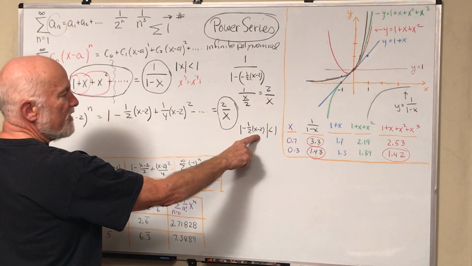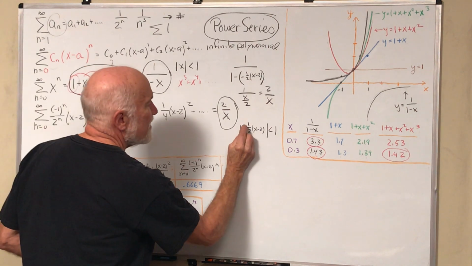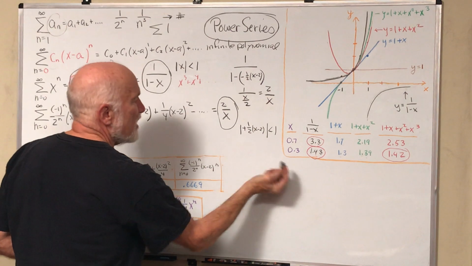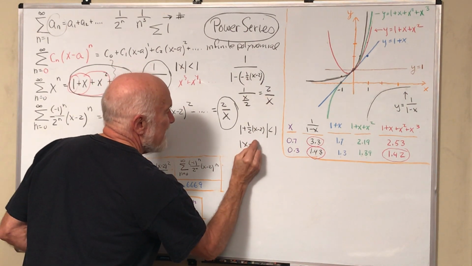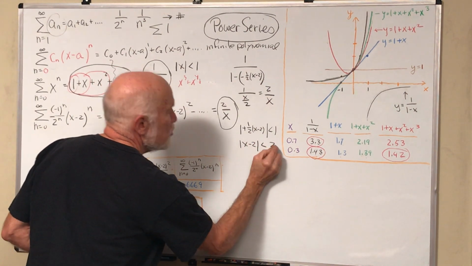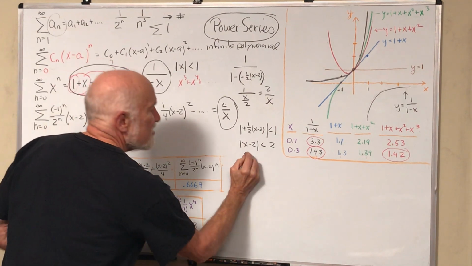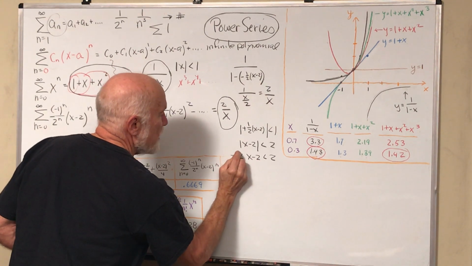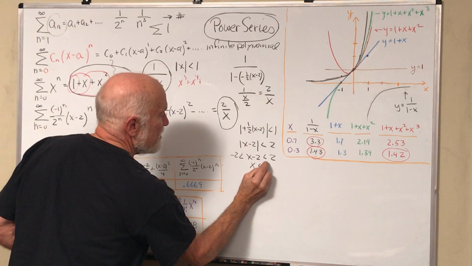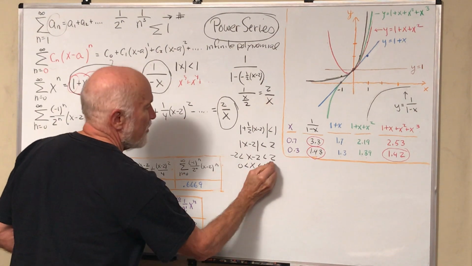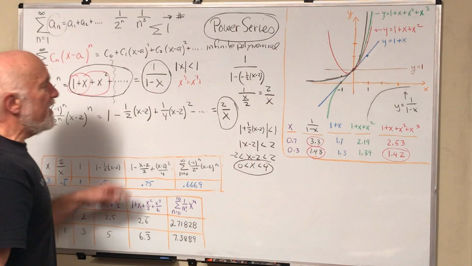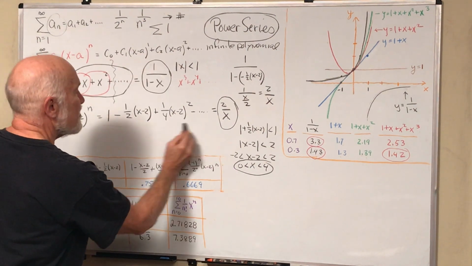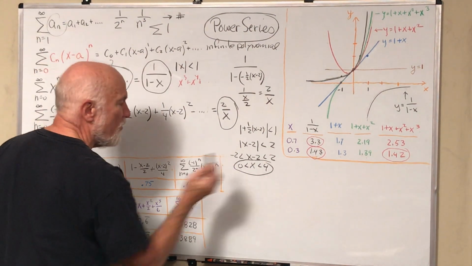So the absolute value of that is just going to make this positive, and if you multiply by 2, you get absolute value of x minus 2 is less than 2, and that's going to be satisfied by x minus 2 being between 2 and negative 2, or x has to be between 4 and 0. So this one does a little bit better. Instead of just going from negative 1 to 1, this series converges between 0 and 4.